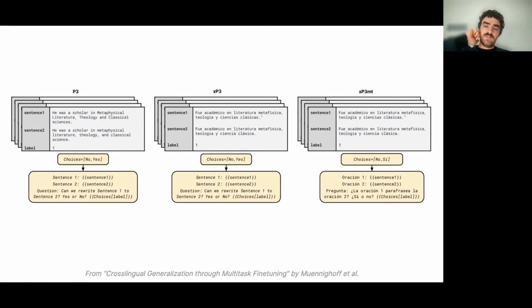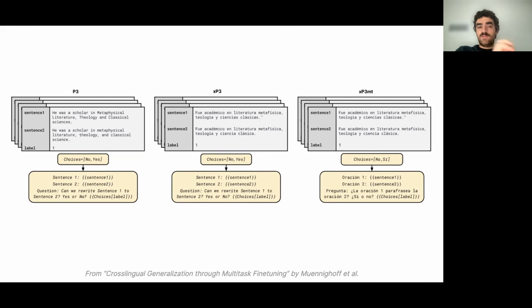And in particular, there's kind of two kinds of generalization we might hope for. One is, will the model perform a task that it was trained on in one language in a different language? And second, will the model be able to perform a task that it wasn't trained on in any language, but it was pre-trained on?